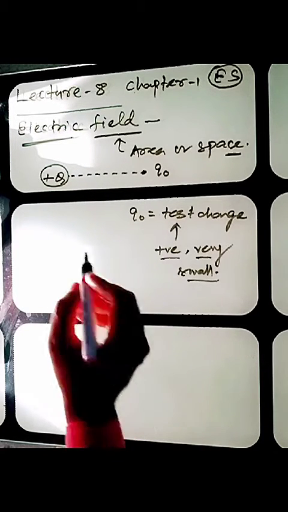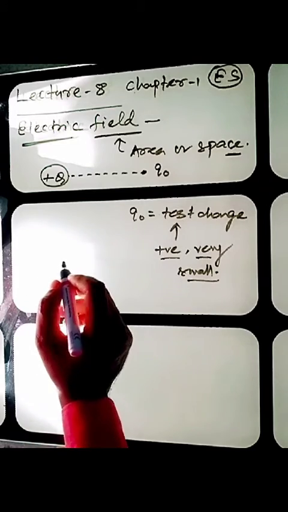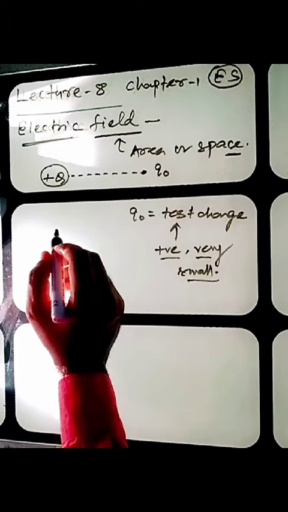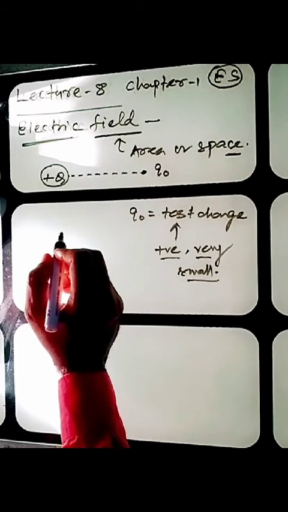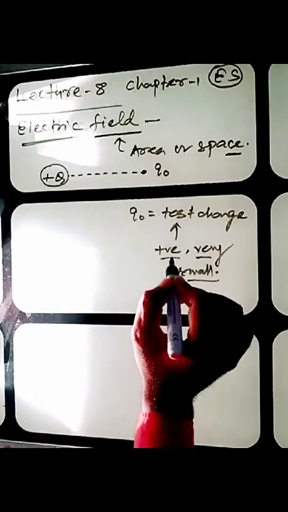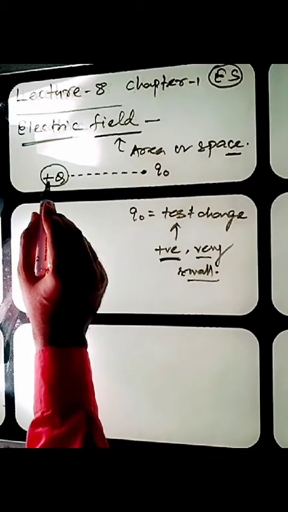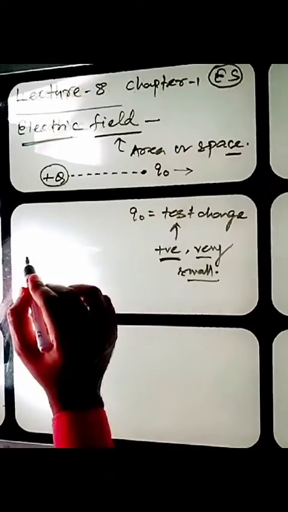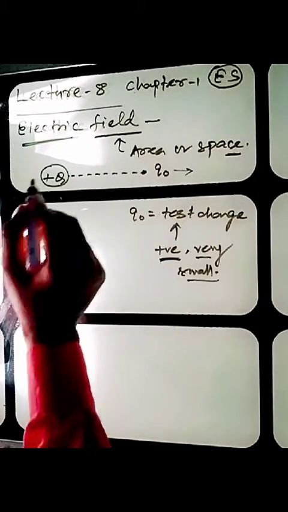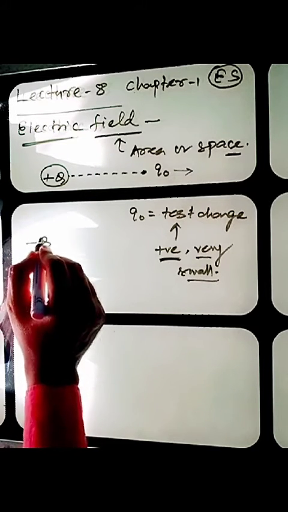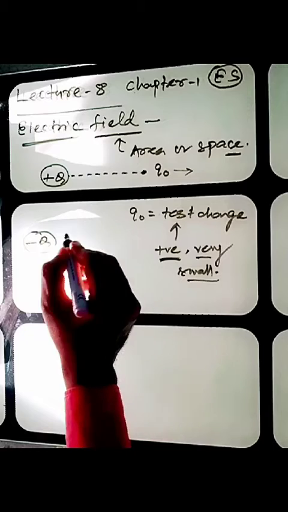Now, student, here is a positive charge, and we placed here the test charge, that is the point charge. You will see if its nature is positive, and this is the positive charge, this charge will start repelling. If this would be the negative charge, minus Q, then what will happen?